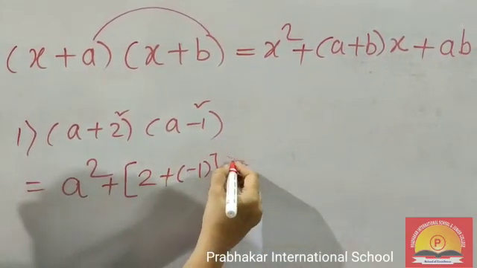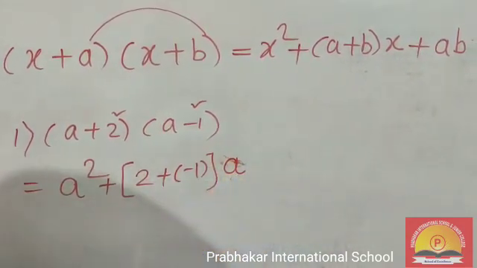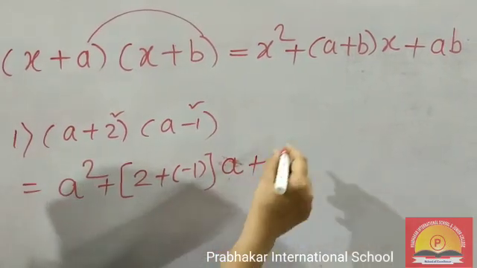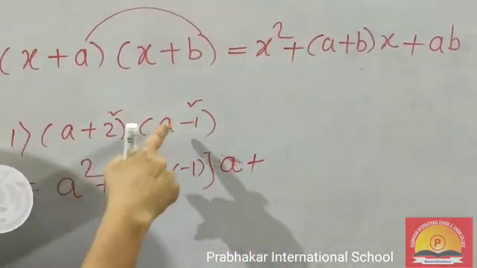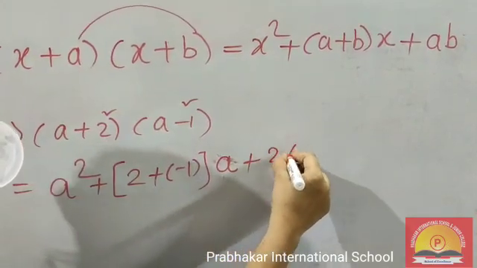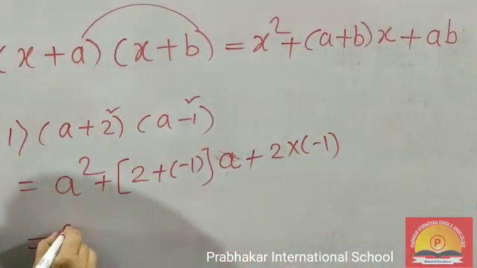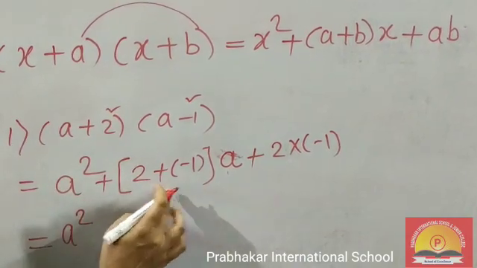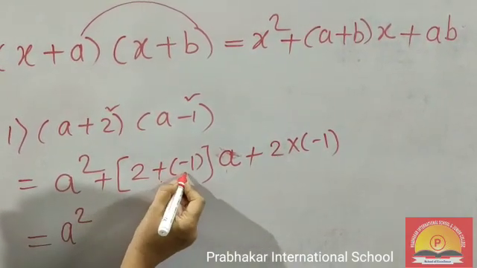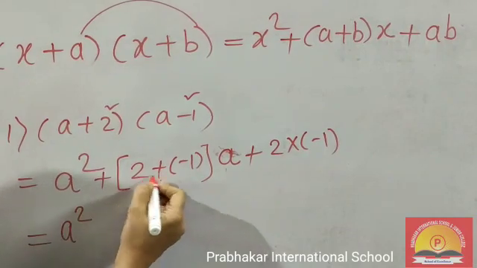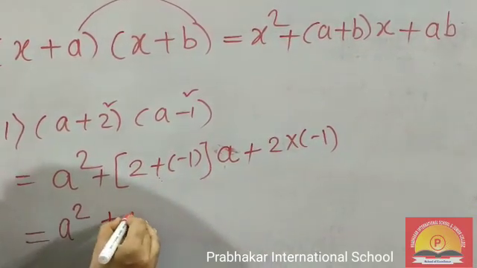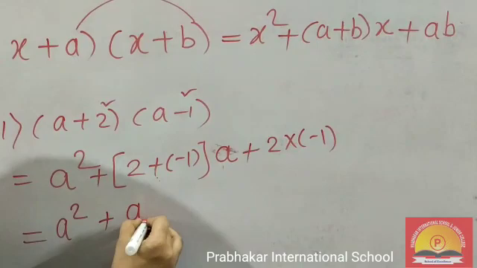Multiplied by the common term. Common term is a, so multiplied by a. And the last is what? A into b, means 2 into minus 1. So I will write here 2 into minus 1. Next step is a square as it is. Now do the addition of this. You can see here plus and minus, so it will become minus. 2 minus 1, it will come 1. 1 we are not writing, so write directly a.